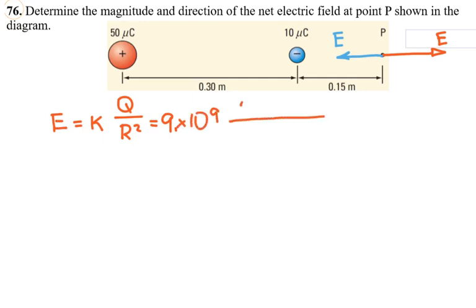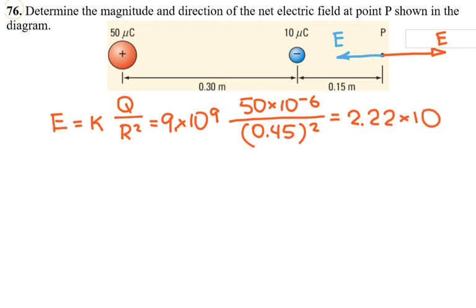The charge is 50 micro, so that means 10^-6. And the distance is 0.45 squared. So that will give me 2.22 × 10^6 newtons per coulomb.